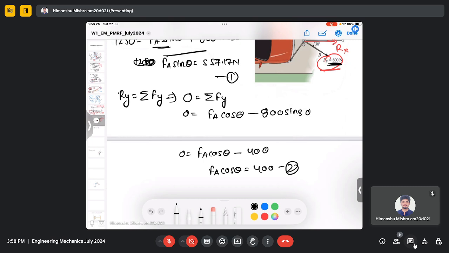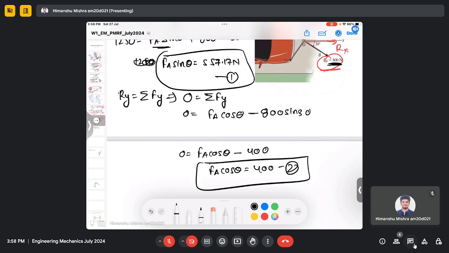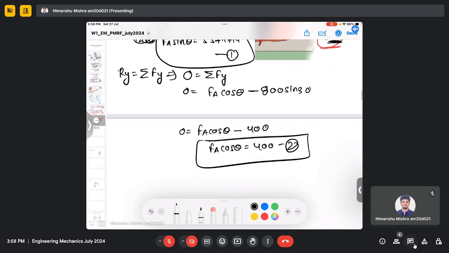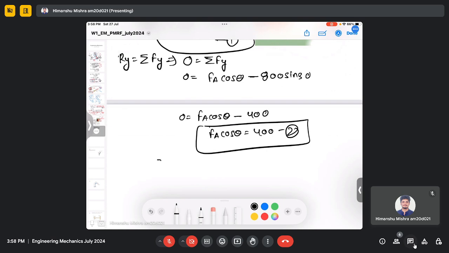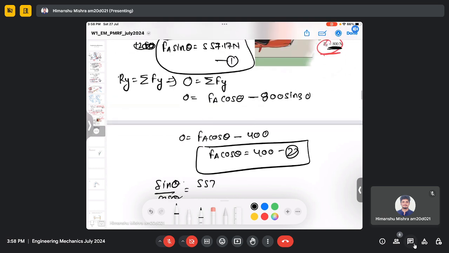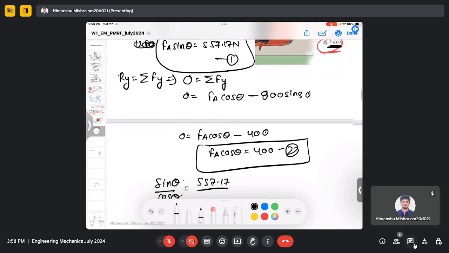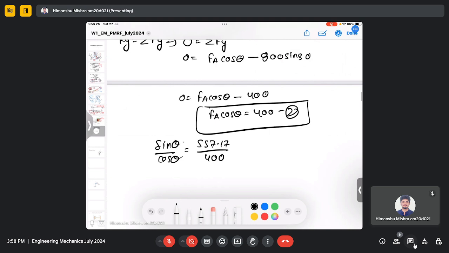Okay, so now you have equation number 1 and you have equation 2. Again, you got two equations and you have two unknowns. Then you can use these two equations together to find the unknowns. So this time we can divide the two equations. So it will be sin theta by cos theta equals 557.17 divided by 400.